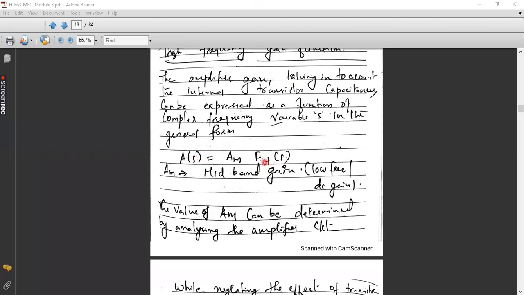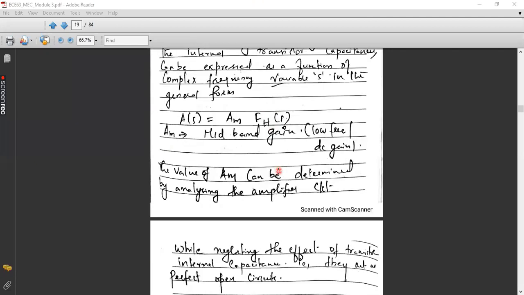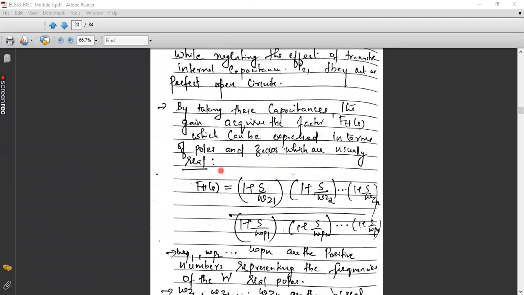So for one frequency, you will have one gain, and for another frequency, you will have yet another gain. All of that depends upon FH of s. And you can see FH of s is a high frequency function, which has a numerator polynomial and a denominator polynomial. In the numerator, we have n terms, and each term corresponds to zeros: omega z1, omega z2, up to omega zn.